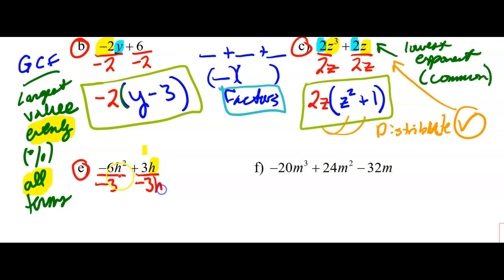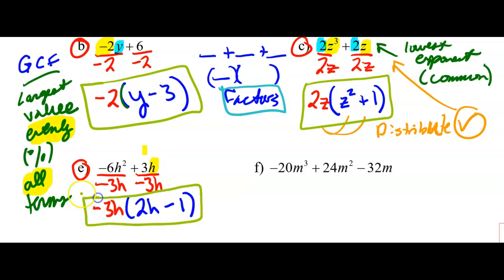So h and h, so negative 3h. Negative 6 divided by negative 3 is 2. H squared over h is h. 3h divided by negative 3h: 3h over 3h is 1, but it's negative, so minus 1. That is my answer.